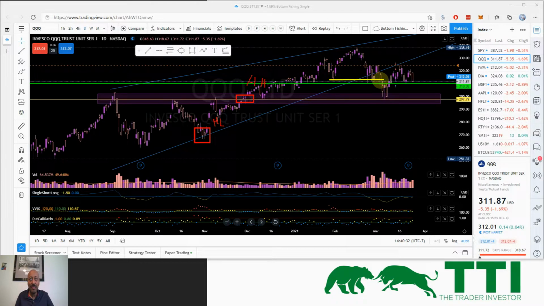So because this is broken, we know we're not waiting for the uptrend to resume yet. I would like to see price come back into this zone somewhere here before we consider entering any new position. So somewhere in this zone.